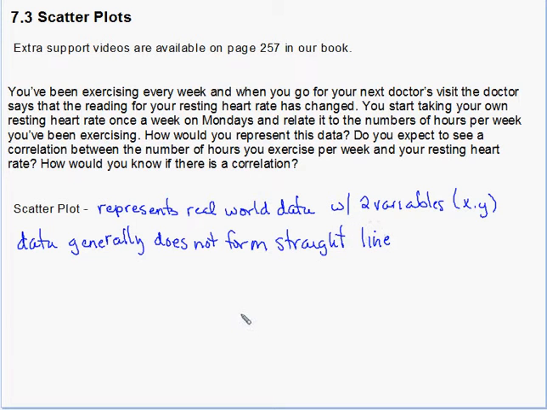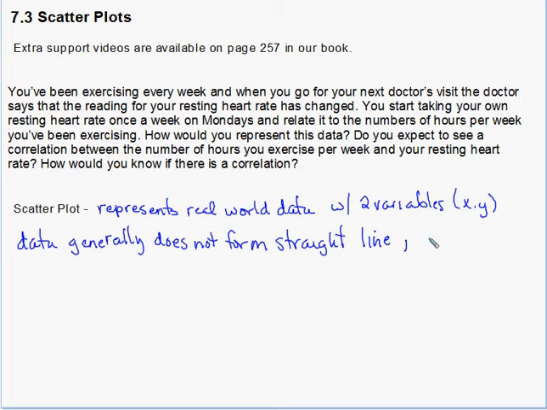And this is why they're called scatter plots, because you plot all the ordered pairs and they make a pattern. But you don't usually get a scatter plot where all of the ordered pairs make a nice perfect straight line. It can happen, but that would be exceedingly rare.